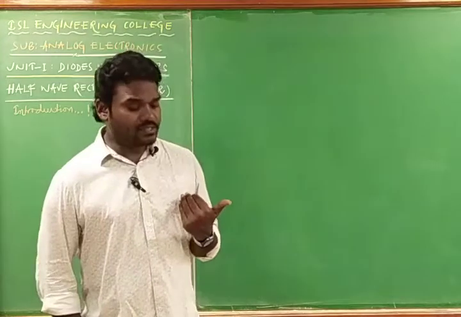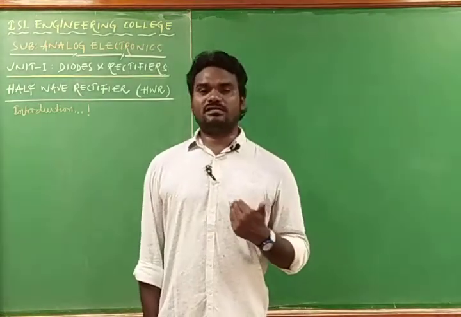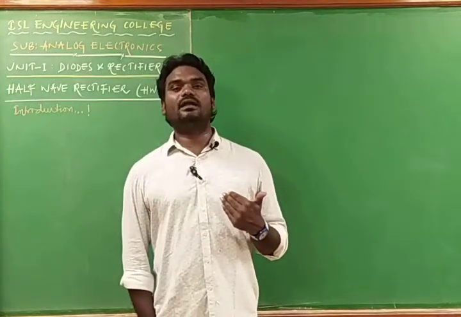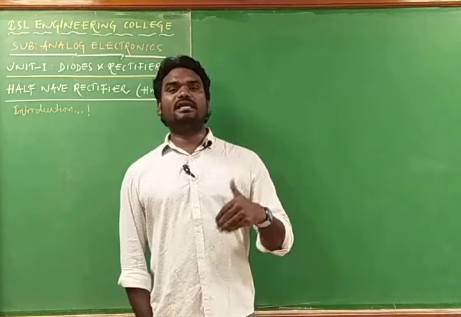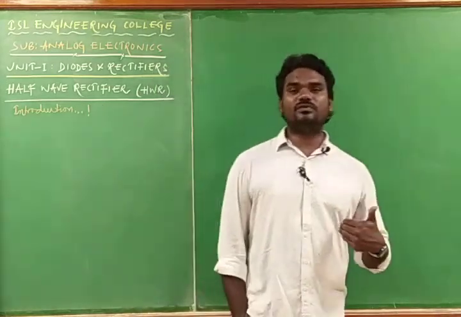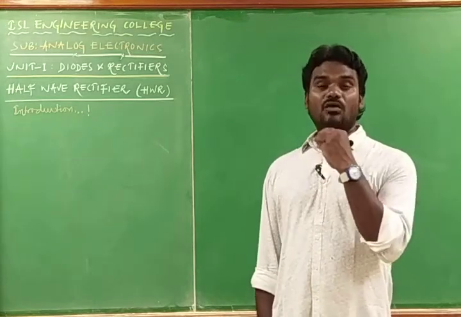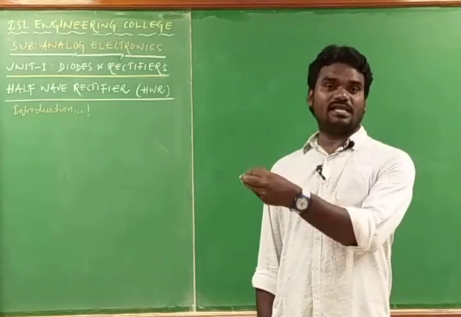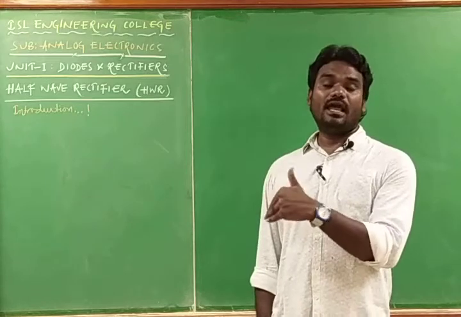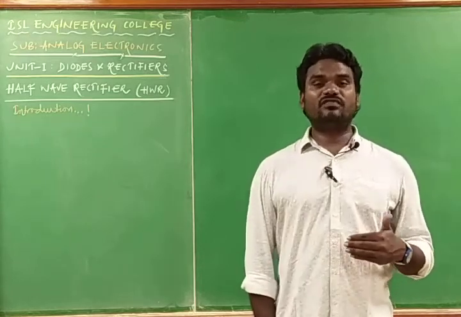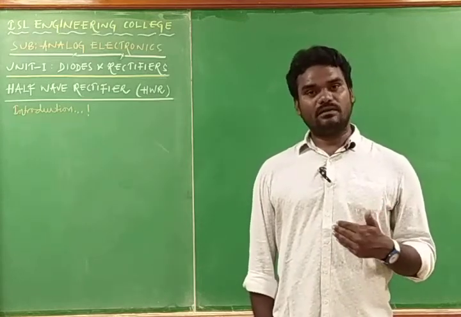And next one is ripple we must calculate. Ripple is nothing but the amount of AC present in the DC level at the output side. How much AC content is there at the output of a rectifier, that is called ripple.